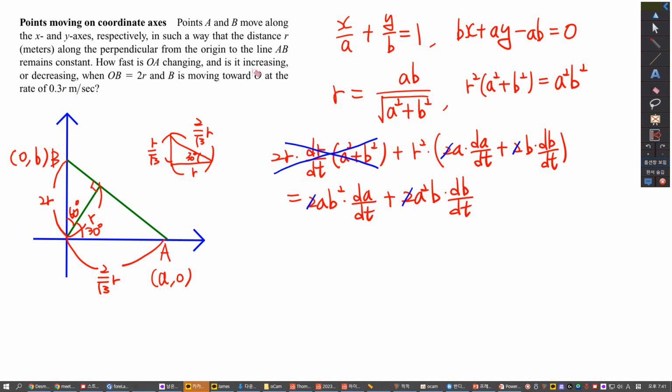And dB over dt is 0.3R, and the sign is negative because it's moving toward the center. That means the length of B decreases.